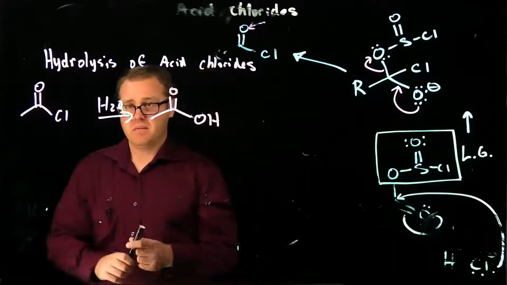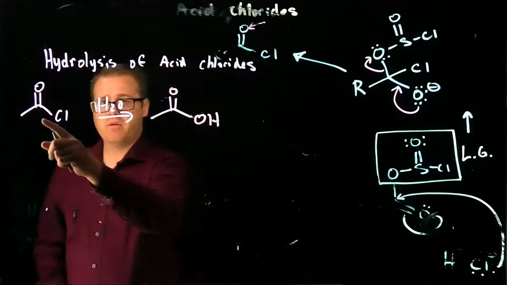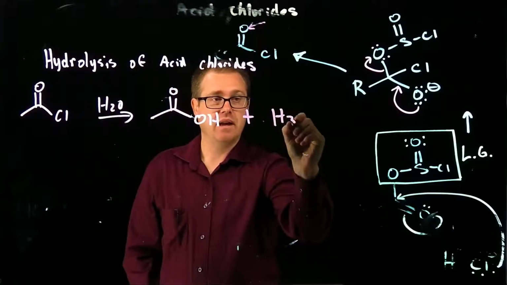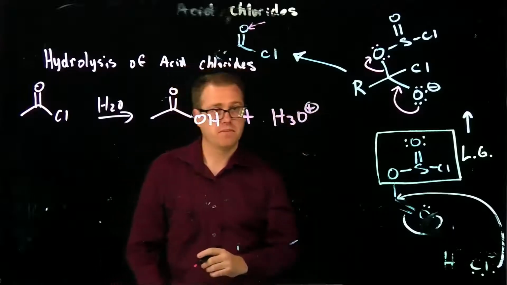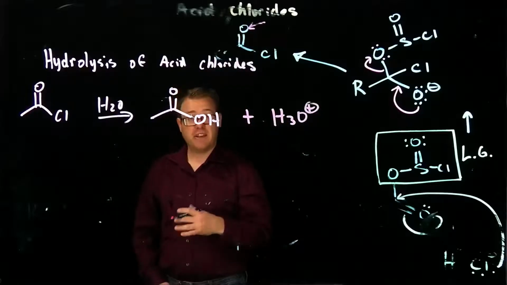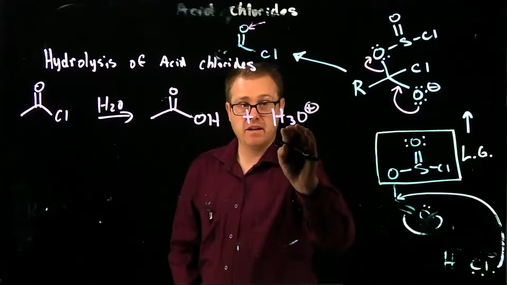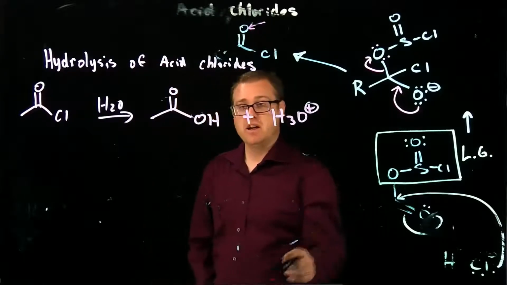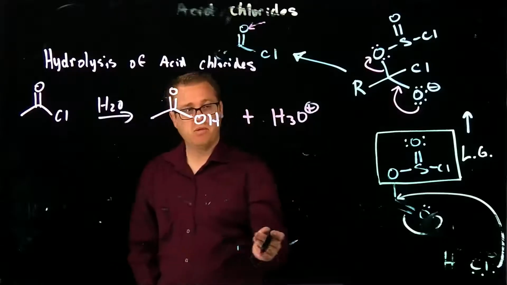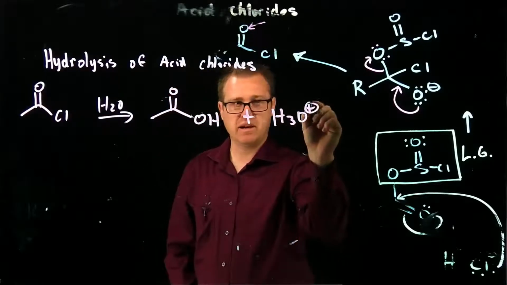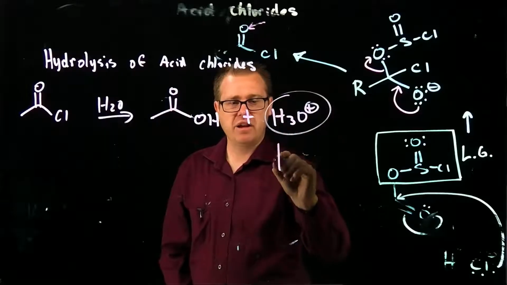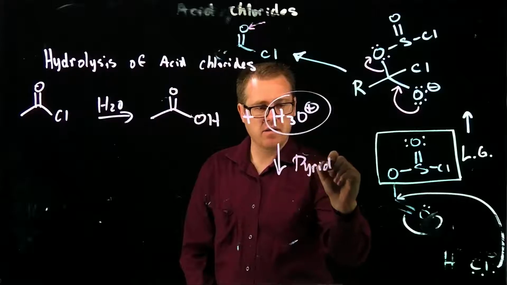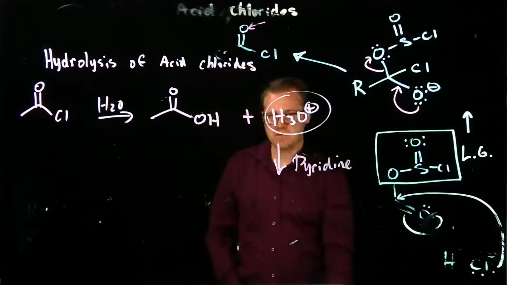In the mechanism, remember that when you do this reaction, you generate acid. Go back to the mechanism. Make sure you remember that. You generate acid. So typically when you do this reaction, you do another step where you neutralize the acid. You just want to eat up all this acid, and you just treat it with the base. And typically you treat it with some pyridine to neutralize the reaction.